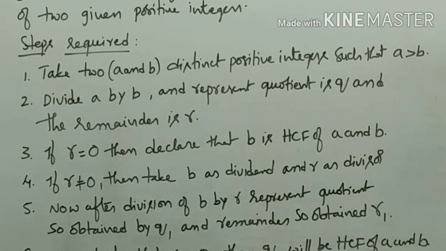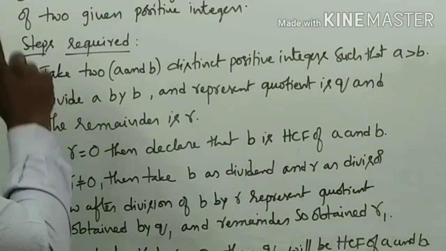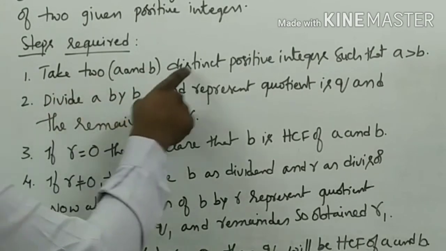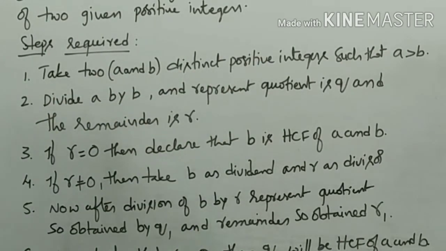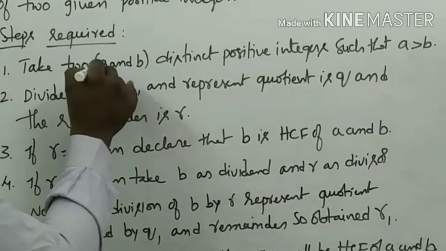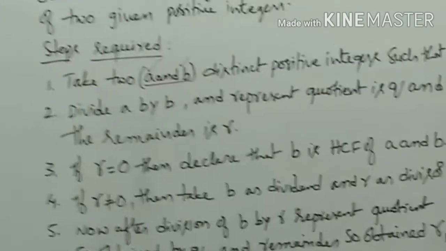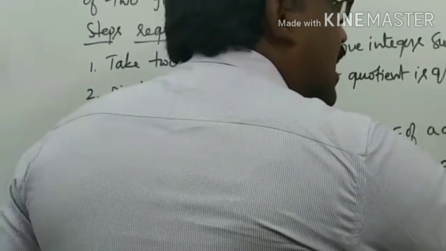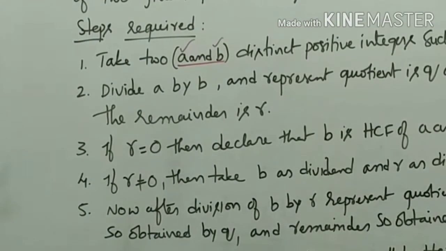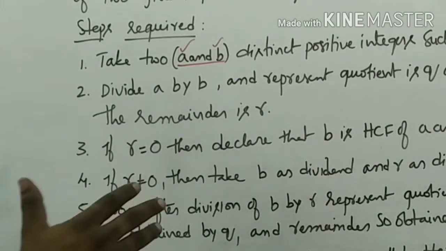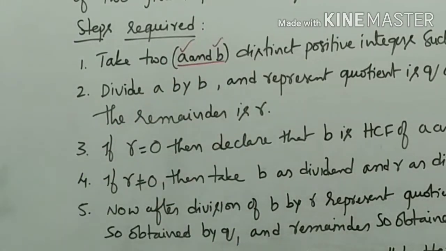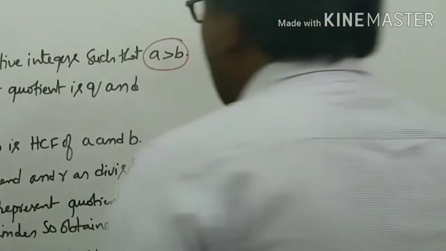The first step is to take two distinct, meaning different, positive integers A and B, such that A is greater than B.